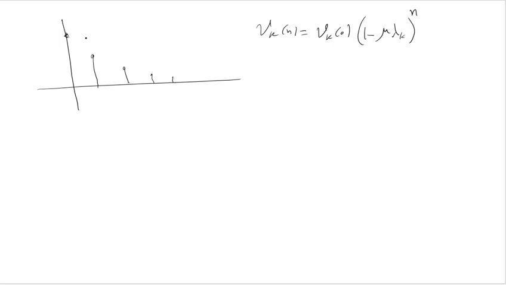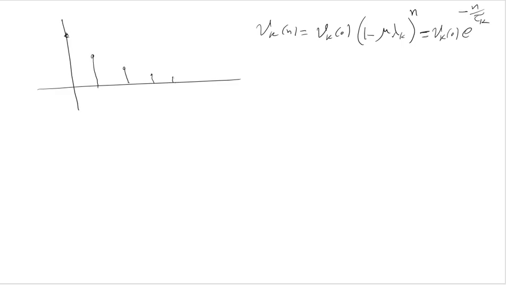I'm going to fit an exponential to this curve, like a curve for the discharge of a capacitor. We will fit Vk0 e to the minus n over tau k. Tau is the time constant of the algorithm.